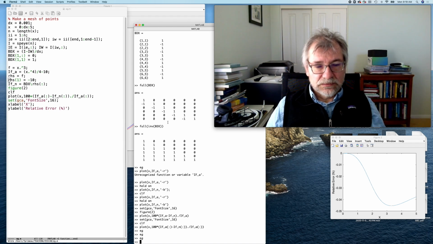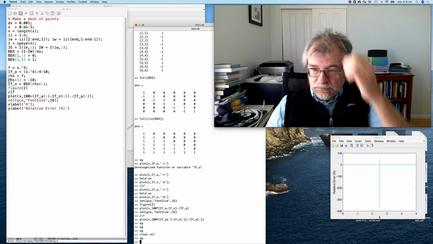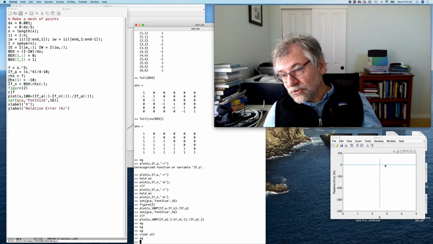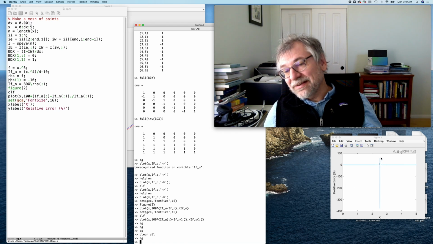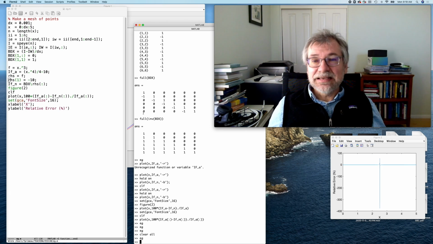And if I run it, now presuming the functions work, now the relative error goes to infinity at x equals 0. That's because I'm dividing the error by the value of the function, to get the relative error.